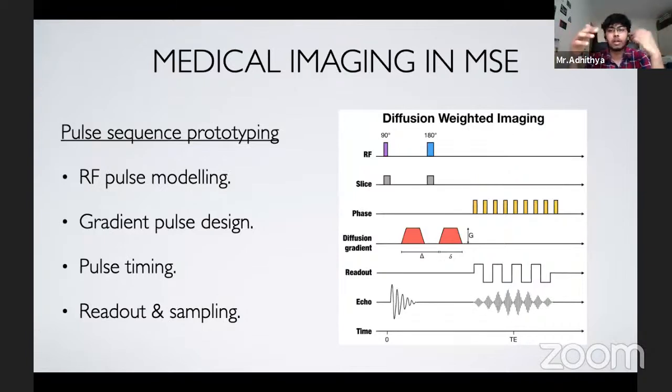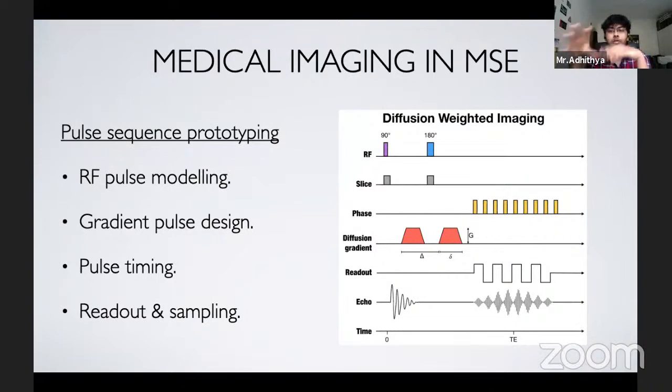But just to give an idea, when we apply an RF pulse and we choose our slice that is to be imaged, this excitation can be further manipulated. You can image one particular part of your slice and excite another part of the slice in order to view the blood flow or the diffusion of fluid in your tissue.